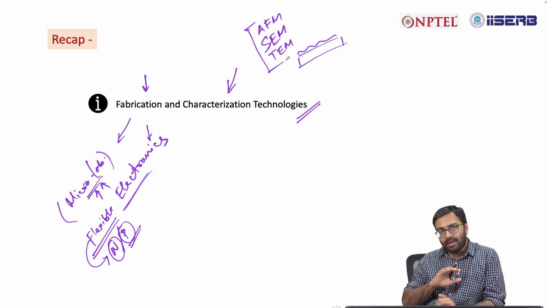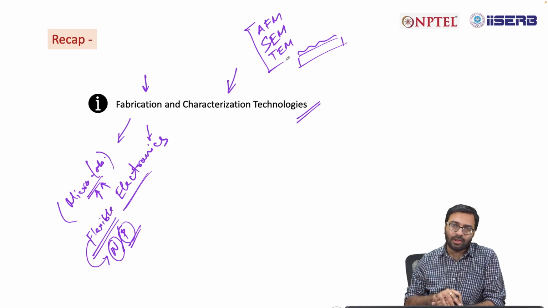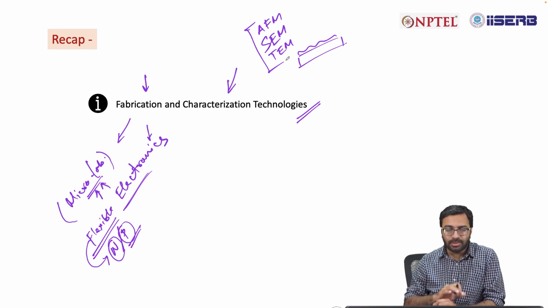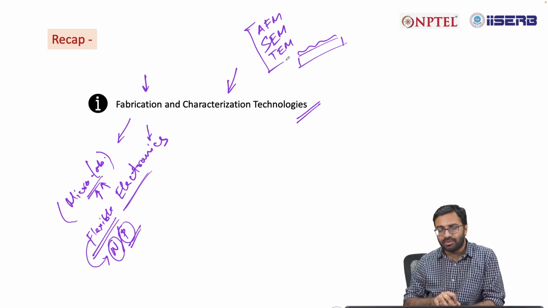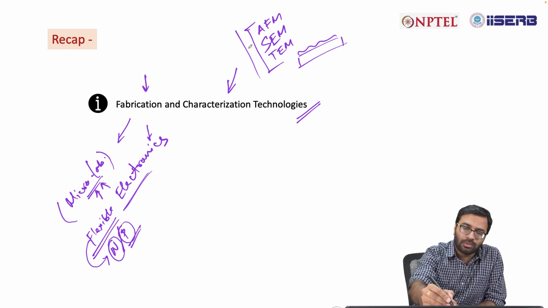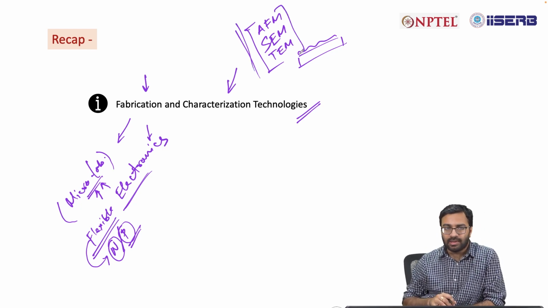And then there are electrical characterization techniques as well. I also have mentioned electrical characterization is very important, and I haven't discussed this in detail because many of these techniques you already have used. For example, digital multimeter, to some extent maybe source meter or say LCR meter, you probably have used. But what is more important in this case is to understand what are the morphological characterizations that are needed.